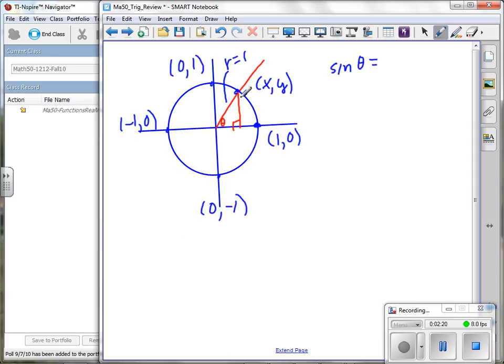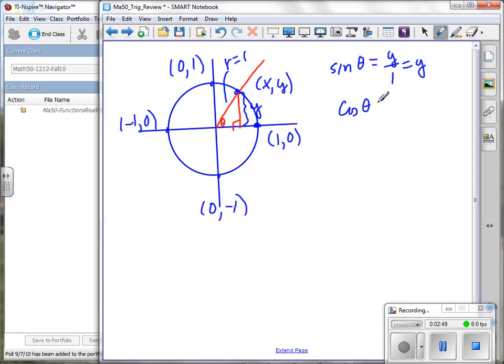So if it has coordinates of x and y, what is the measure of that side of the right triangle? Well, it'd have to be the same as the y coordinate at that point. And so that would be the measure of y. We know the hypotenuse is 1, so sine would be y divided by 1, or simply y.